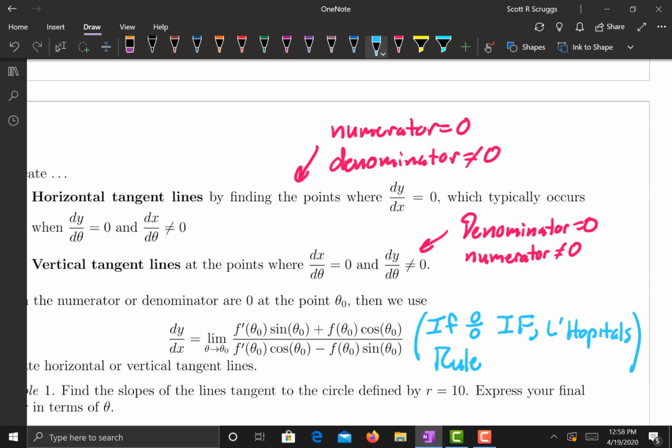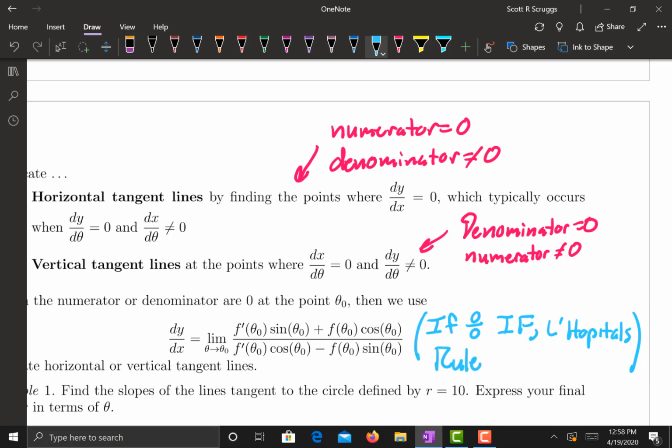And even after I do my iterations of L'Hopital's rule, if I still get that the denominator, when I take the limit, will be 0, that will imply that I have a vertical tangent line. It will have to show by our definition what that's going to look like.